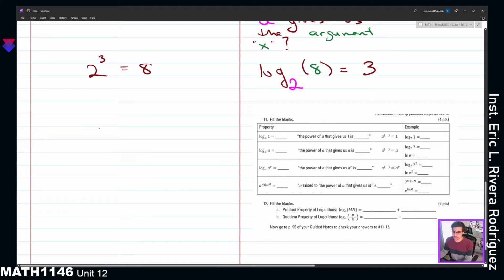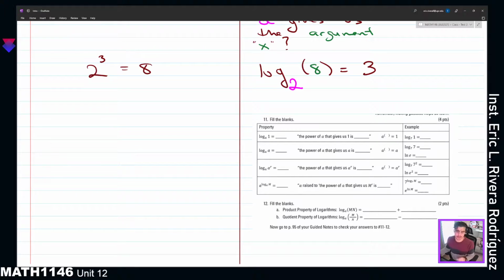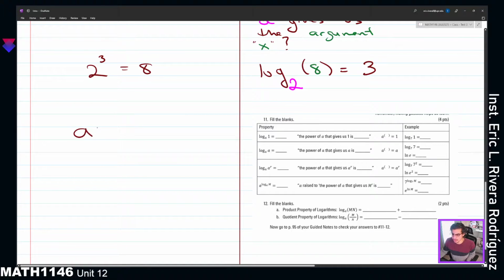From the previous unit, I believe unit 10, we learned the property that if we have a raised to the x equal a raised to the y, so we have an exponential equation, on both sides we have the same base, and the exponents are different, or at least the representation of those exponents is different, so we have x and y, we can conclude that x is equal to y.